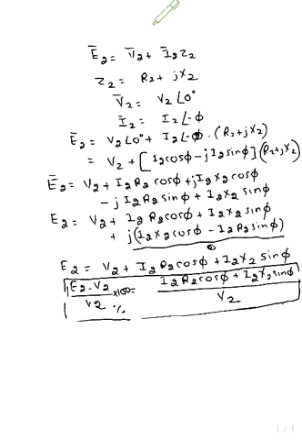Or we substitute E2 and divide by V2, and we find E2 minus V2 upon V2 is equal to I2 R2 cos phi plus I2 X2 sin phi divided by V2.